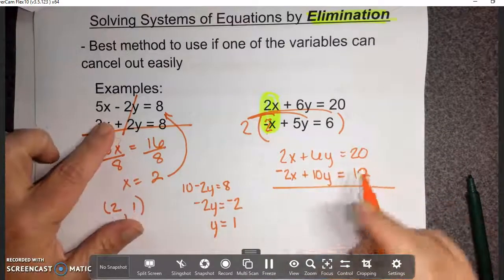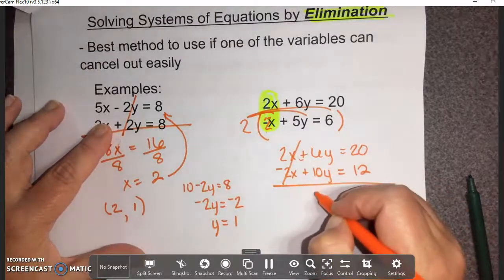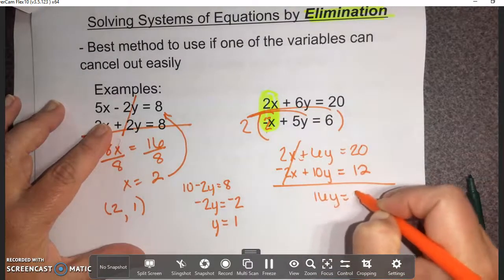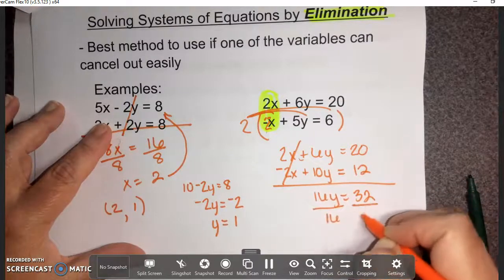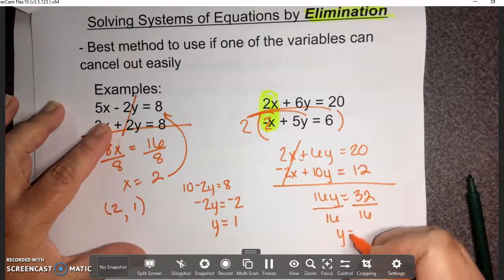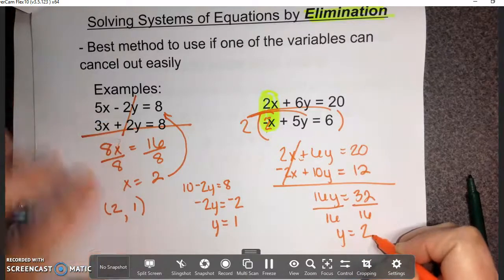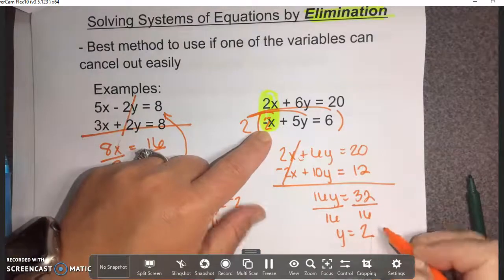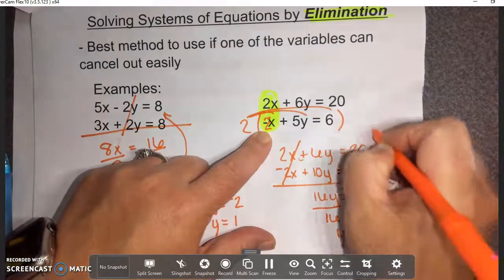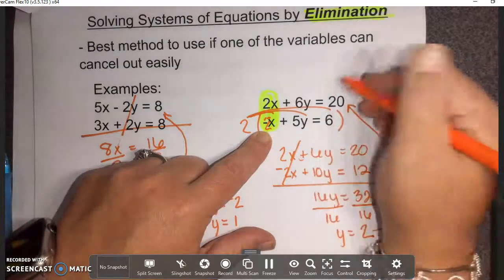Now I'm going to do just like here. Those are going to cancel. 16y equals 32. Divide by 16. Y is equal to 2. Now, the important thing is I manipulated this one. So I want to plug this back into one that I haven't touched.